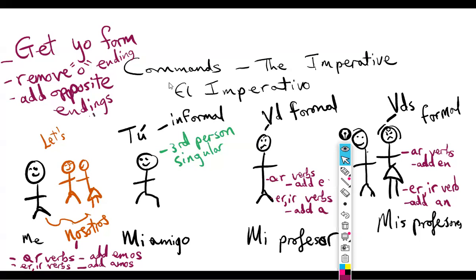For AR verbs we will add ES, and for ER and IR verbs we will add AS, and we'll put a no in front of it. So that's the general concept to make them negative: put a no in front of the verb. But you form the verb the same way, except for tú, which now is being formed in the subjunctive as well.